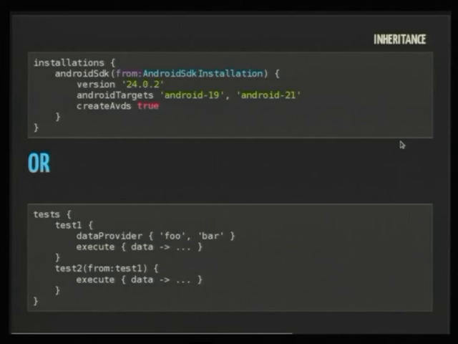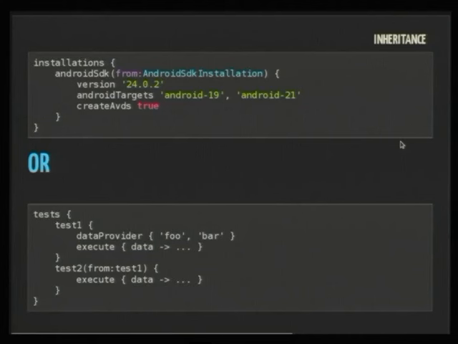In this case, for the Android SDK installation, this installation is defining two additional properties, or maybe more, but two in this test. You can define Android targets you want to install additionally to the SDK itself, and you can ask it to create Android virtual devices. This way you can easily add additional properties to the DSL of build Gradle. So once you write your own installation, you are free to put anything there.